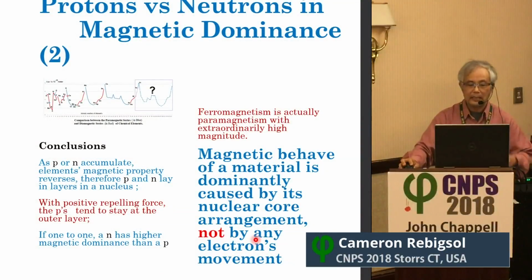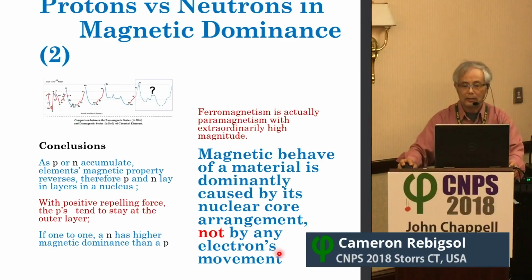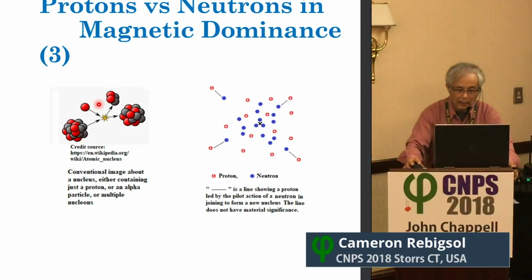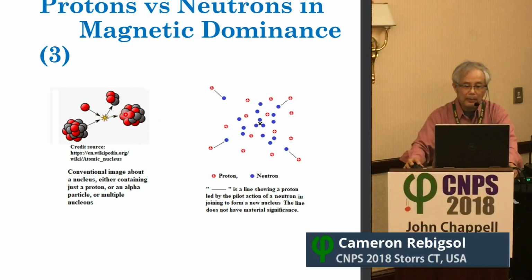So this is what I said here, that the source of the magnetic property is the nucleus, not the electron. Conventionally, we believe that the proton and the neutron are compactly packed together, but in my view, it's not so.